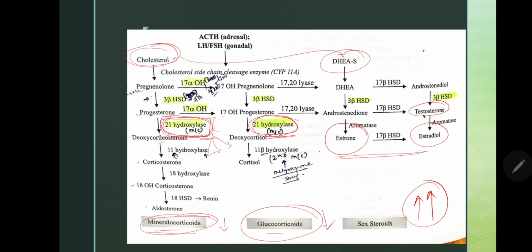So mineralocorticoid is present, and glucocorticoid is present to some extent, but most of it is diverted to androgen hormone production. So the child may not present with shock right after birth, but after 10 to 15 days, because some hormone is there; the female child presents with ambiguous genitalia, and the male child presents with precocious puberty.